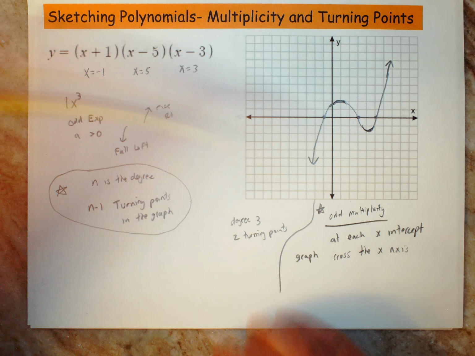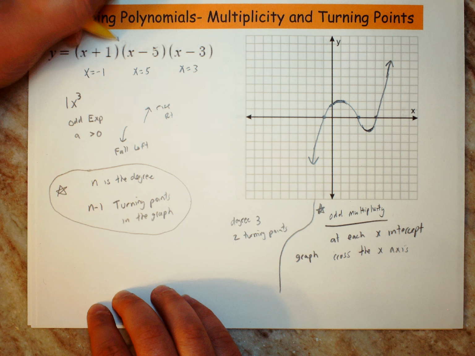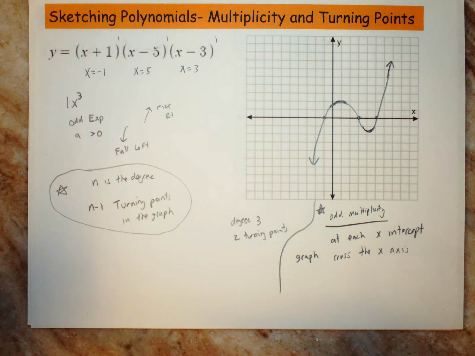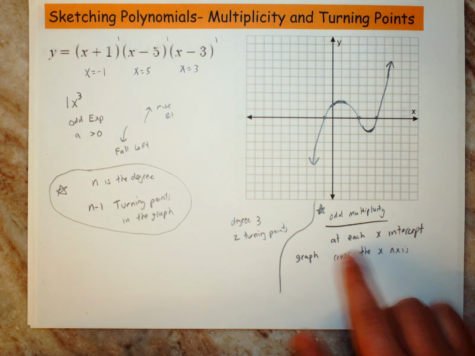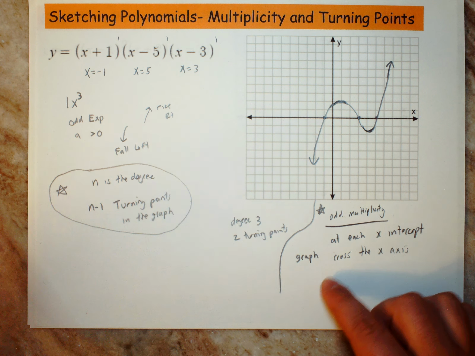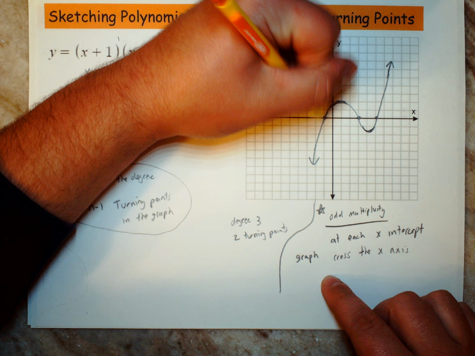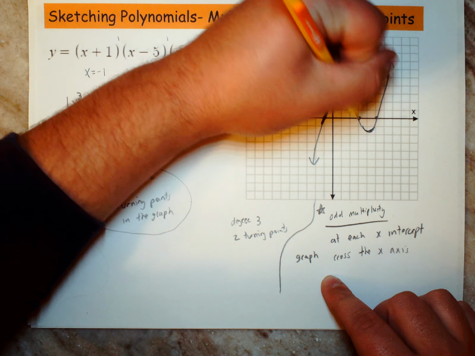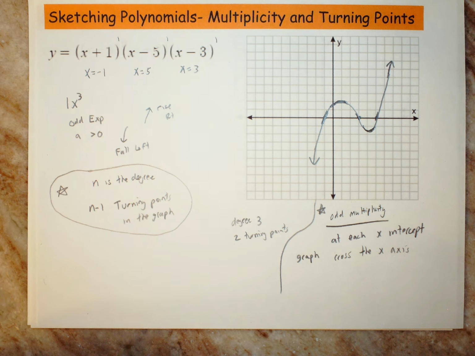So this has an odd multiplicity because look, first power, first power, first power. So at each x-intercept, the graph is going to cross. So if you look, the graph strikes through each x-intercept. Strikes through the x-axis at the x-intercept. So that's how you make a nice little rough sketch.